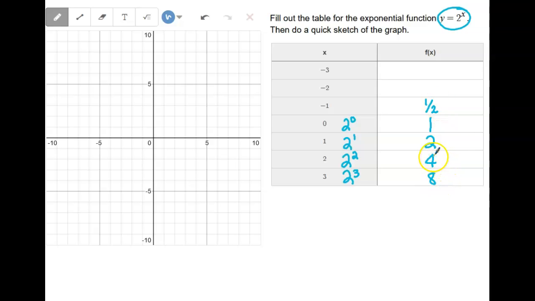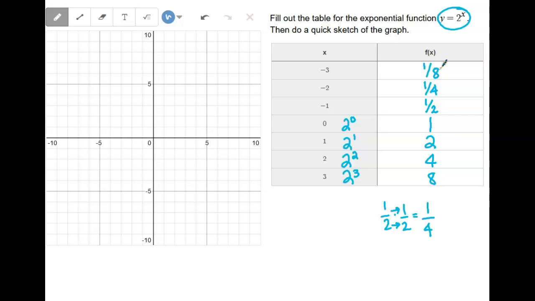So 8 times a half is 4, 4 times 1/2 is 2, 2 times 1/2 is 1, 1 times 1/2 is 1/2. So if we continue to multiply by a half, then this would become 1/4, because 1/2 times 1/2, when you multiply fractions, you just multiply straight across. So 1/4. Okay? Same thing here. 1/4 times a half would be 1 times 1 is 1, and 4 times 2 is 8.